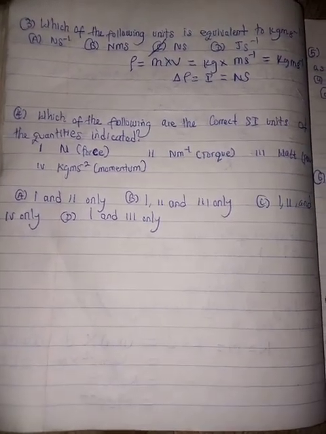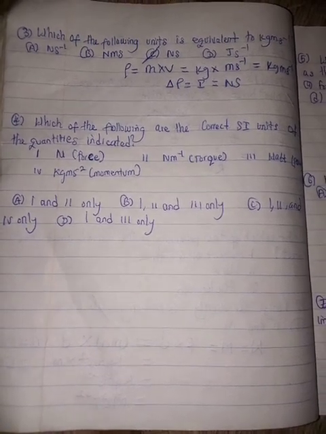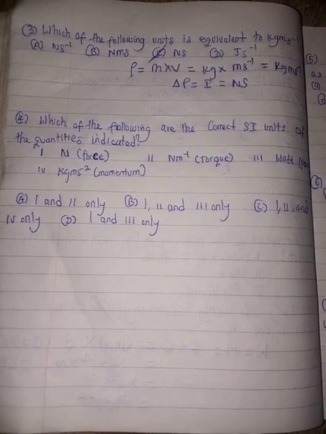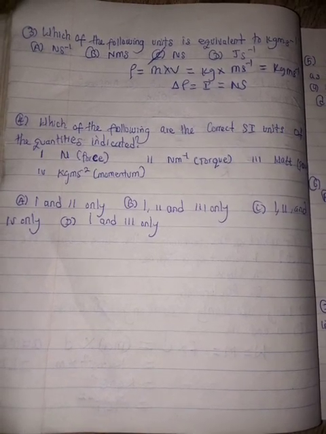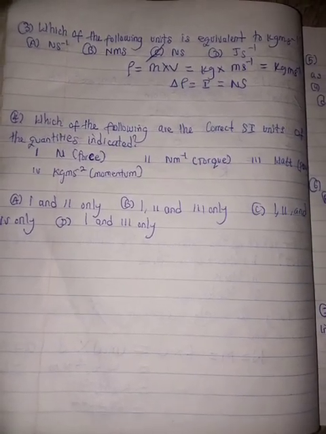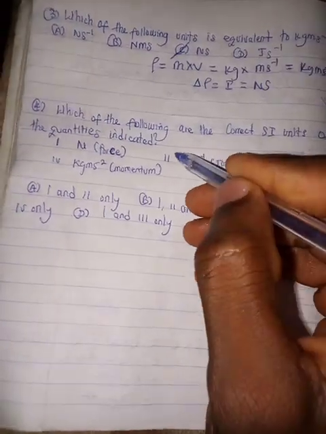Looking at it, A is correct because the unit for force is Newton and the unit for torque is Newton meter. It's not Newton per meter, sorry. So II is not correct. So you cancel it.